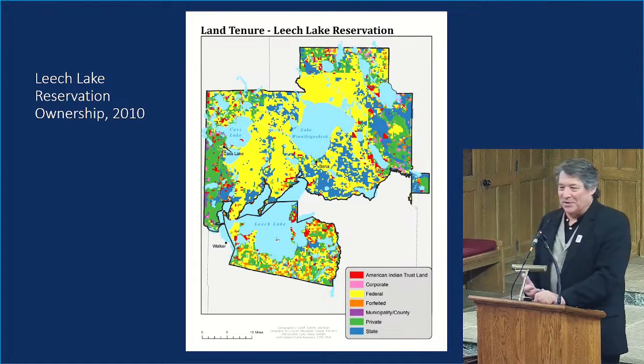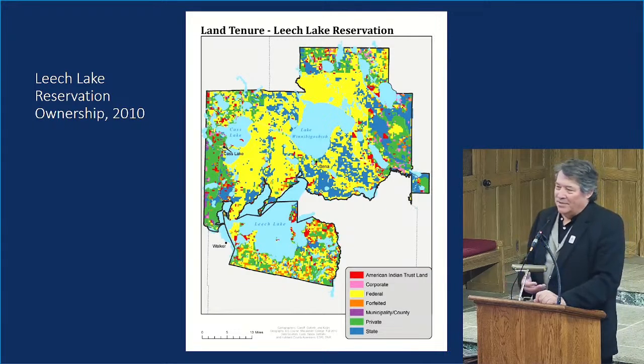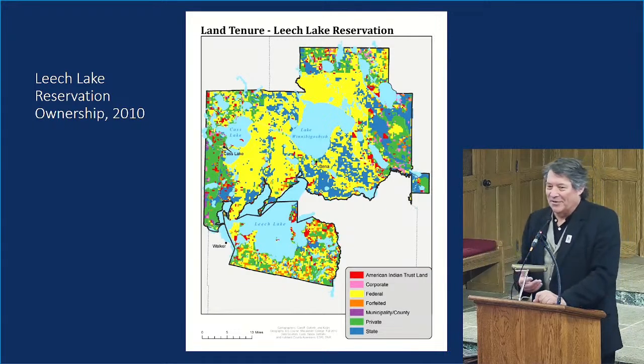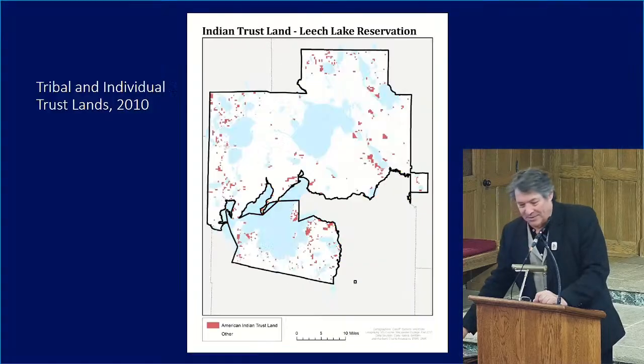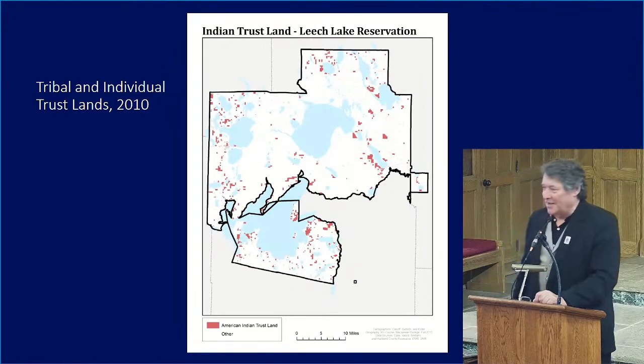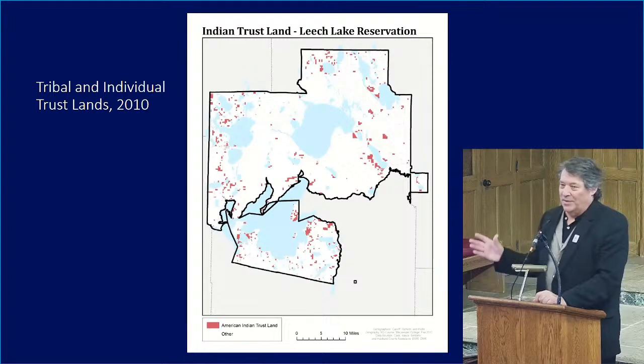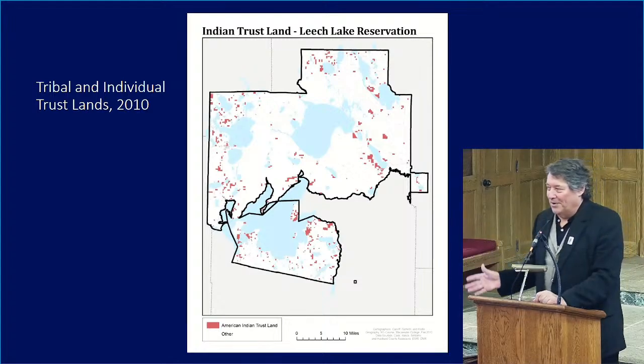We don't have time to go into all the economics behind this, but oftentimes in the past you've heard, "Geez, Leech Lake's got all that land, why aren't they a more wealthy tribe?" Well, this is so that you can see it highlighted. The red dots on the map are what the Leech Lake Indian Nation, the band, and individual Indians still hold on the reservation.